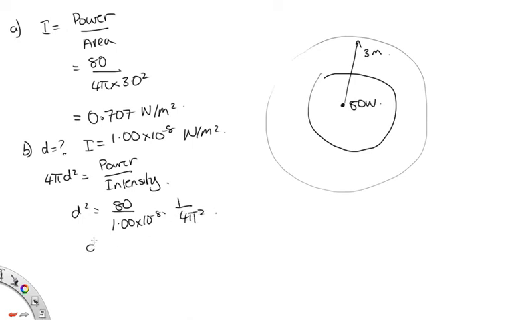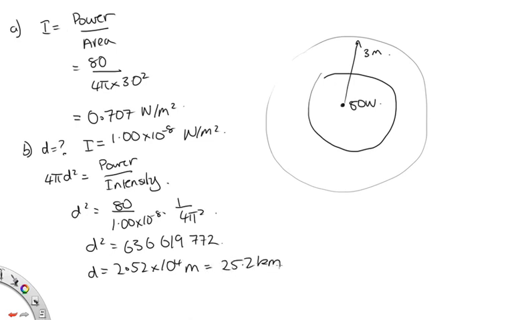So d squared is equal to 636,619,772. Taking the square root, we end up with a distance of 2.52 times 10 to the 4 meters, which is 25.2 kilometers. So quite a long distance away. And that's the end of this lecture.